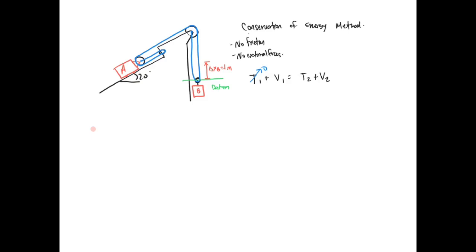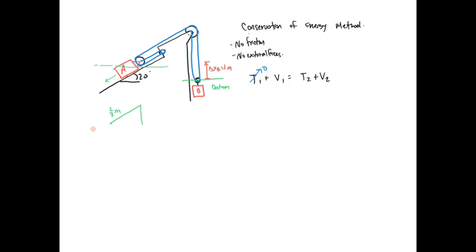For block A, I'm going to draw the datum kind of here, where A is starting. And then I'll be able to define block A as moving down this way. So the HA, if I draw that as a separate triangle here, we know that it goes down 2/3 of a meter.